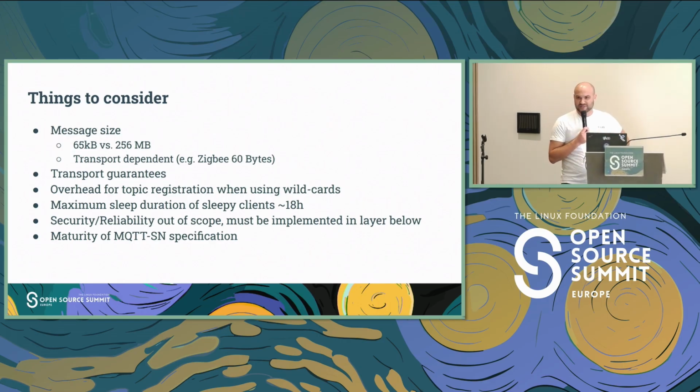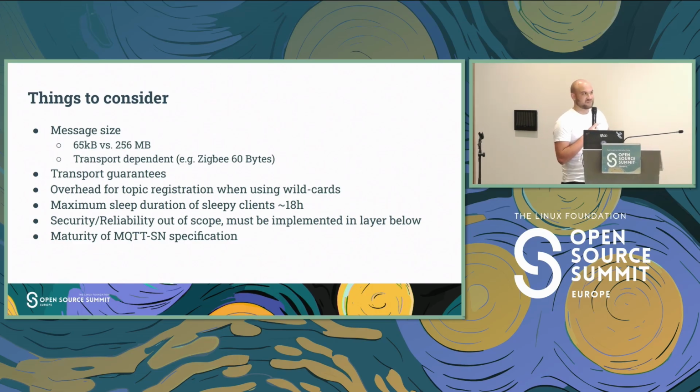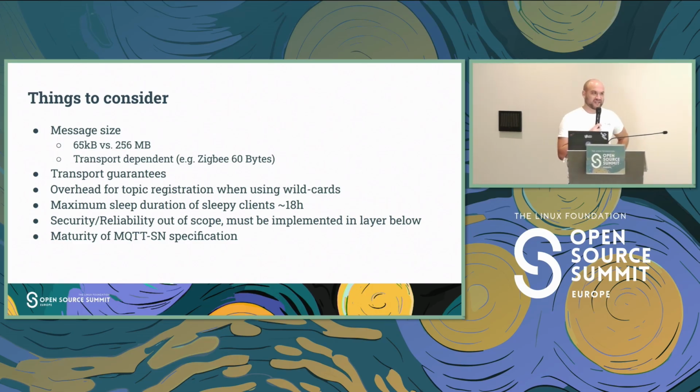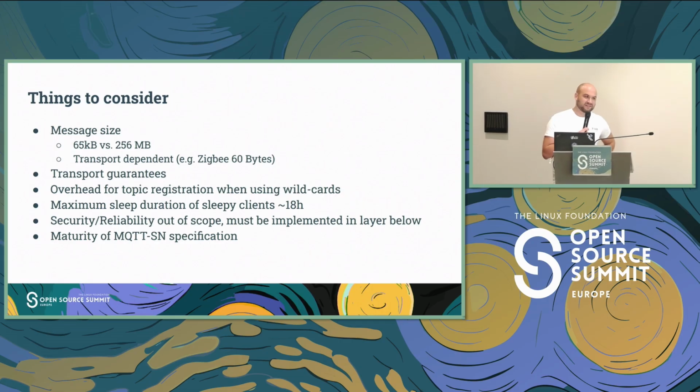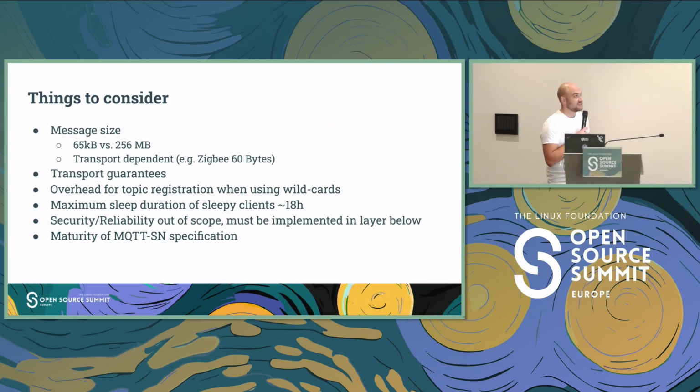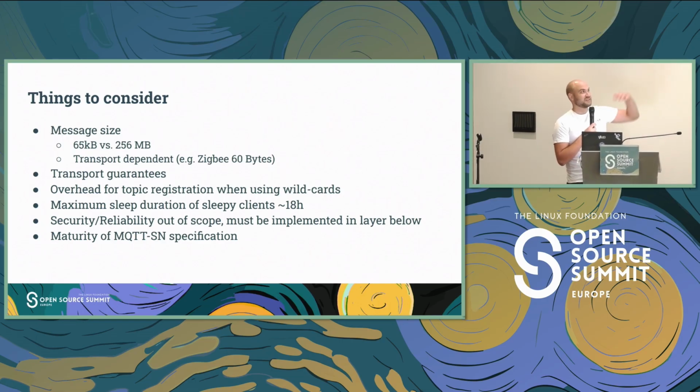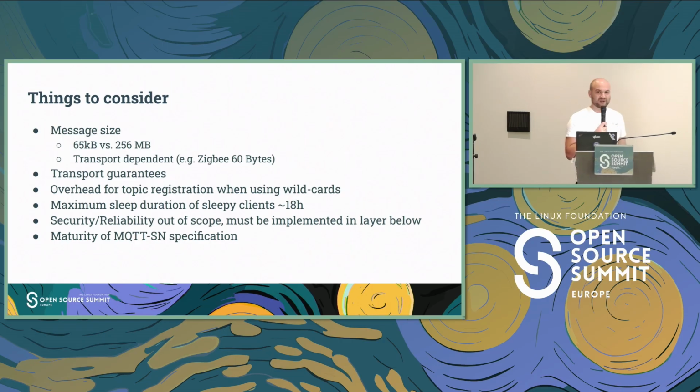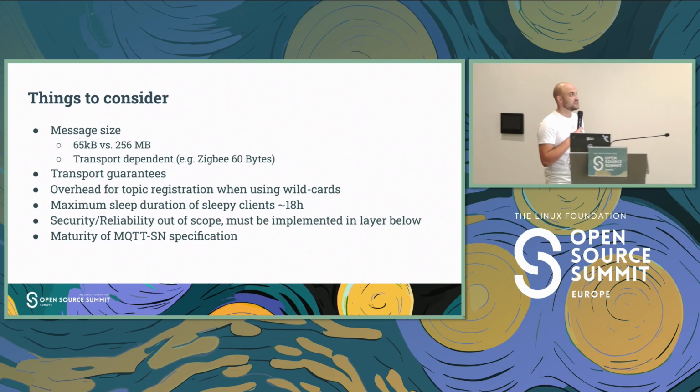So this is MQTT-SN. Some things to consider. You can establish a direct connection with any MQTT broker, but in the MQTT-SN protocol layout, the maximum message size is only a 2-byte length field, compared to the 265 megabytes that is supported according to MQTT.